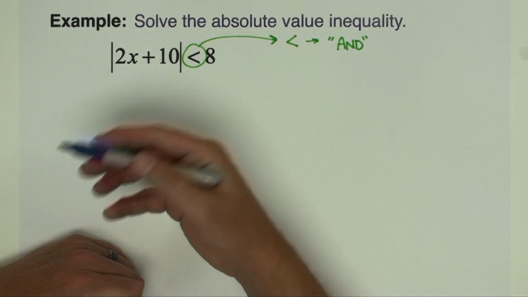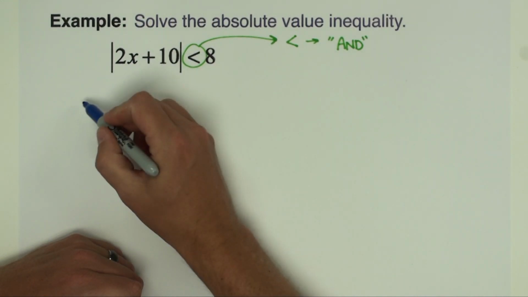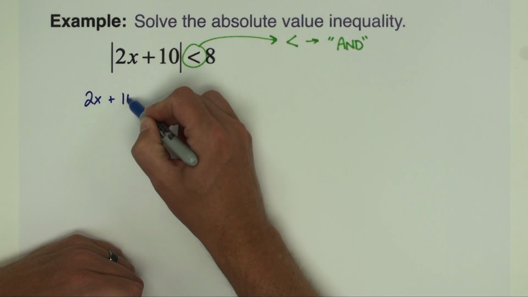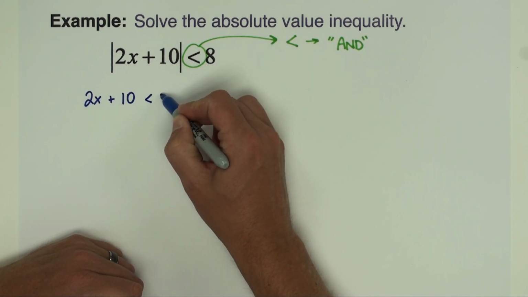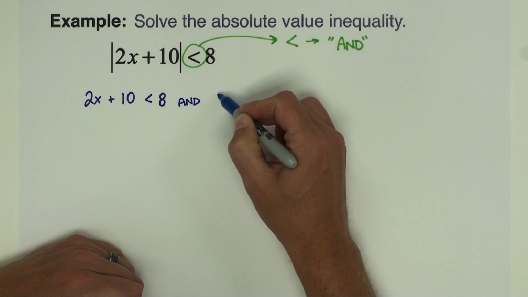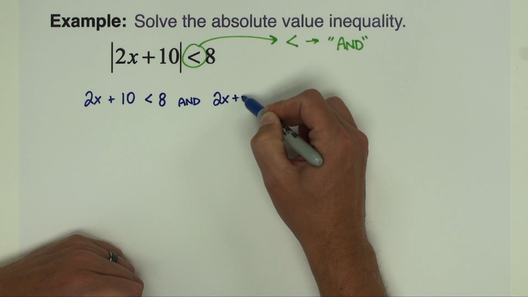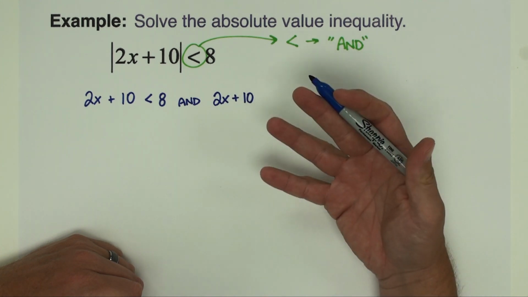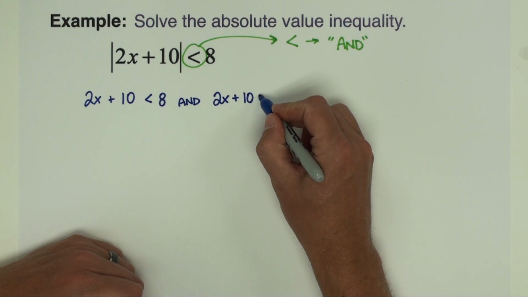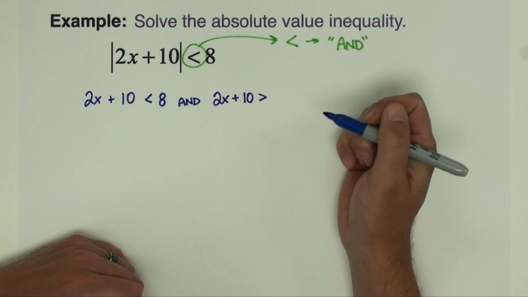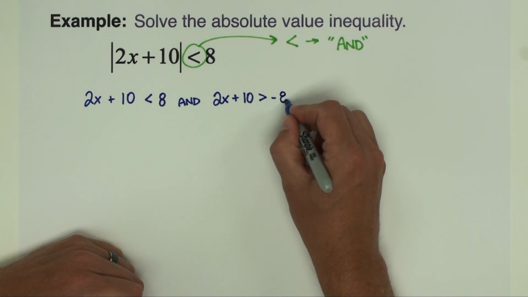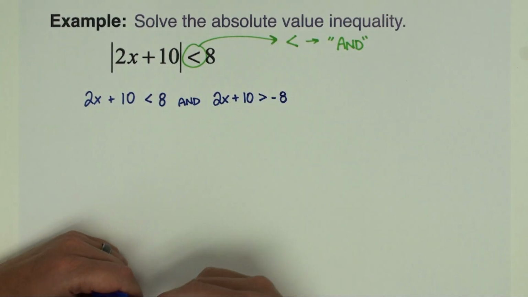You can write this as 2 separate statements. You can write 2x plus 10 is less than 8, and 2x plus 10. Now on this second inequality, you're going to do two things. You're going to flip the direction of the inequality, so we're going to go greater than. You're also going to change the sign of the 8 to -8. So there's your two statements.